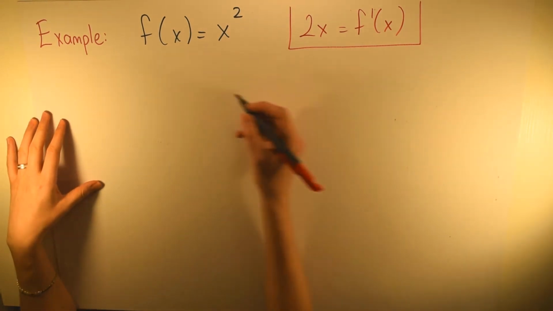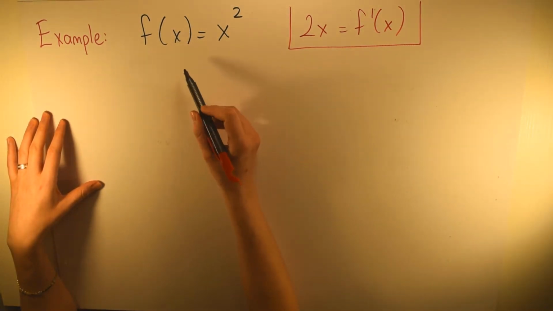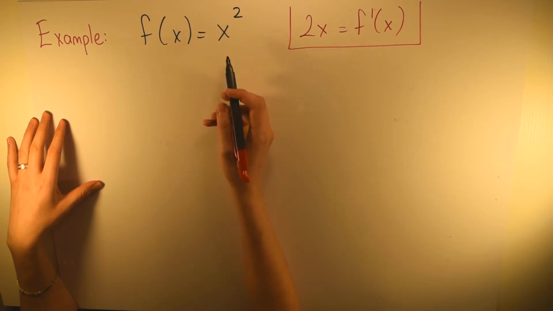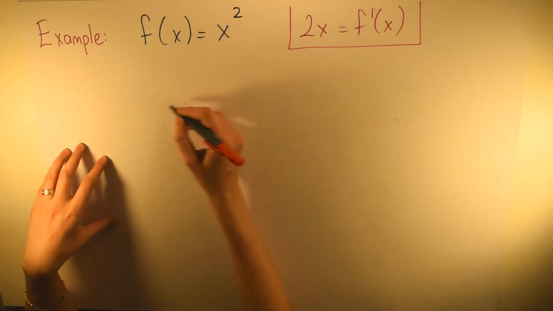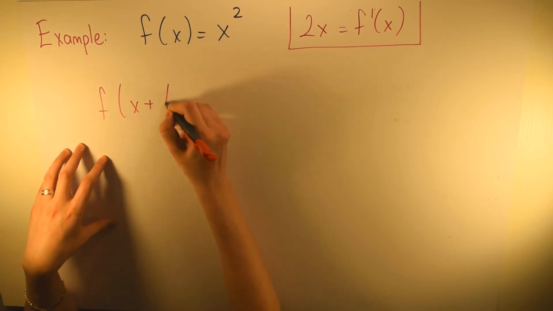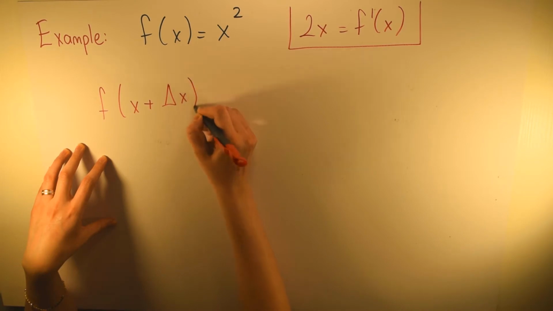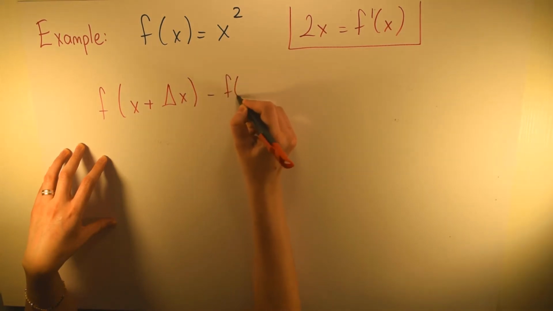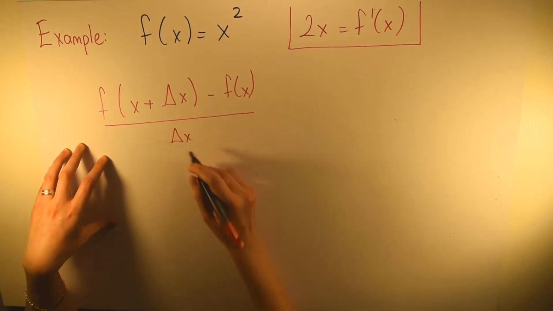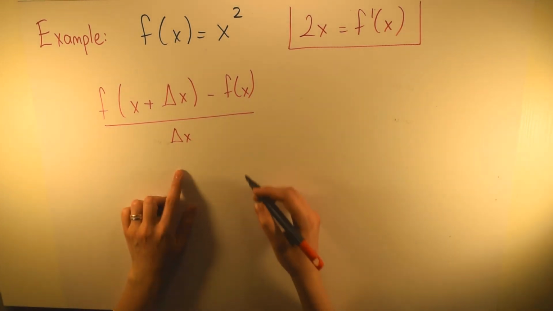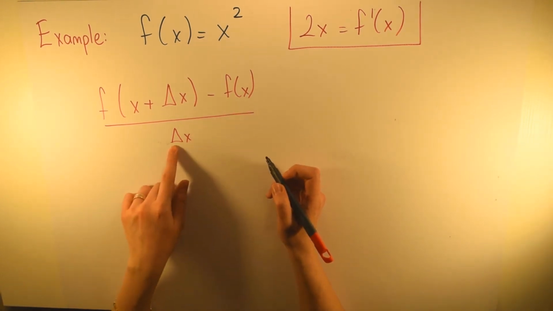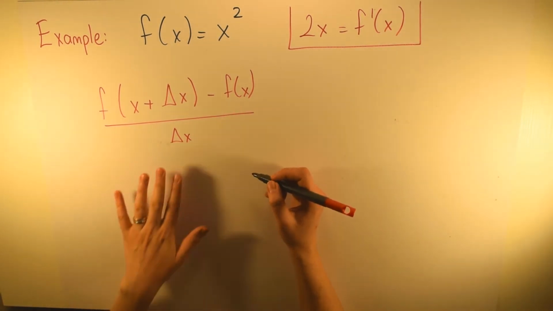So let's do that. Here we know the value of f of x, which is equal to x squared. So what was the slope formula? It is f(x plus delta x) minus f(x) over delta x, right? So here I know f of x, and this delta x will stay as it is for now.